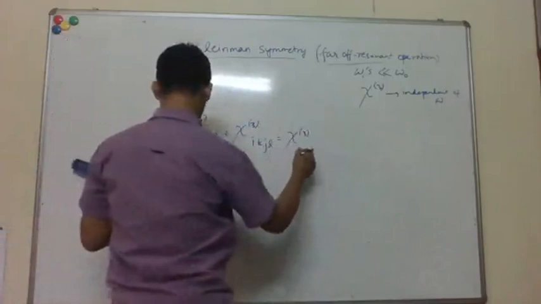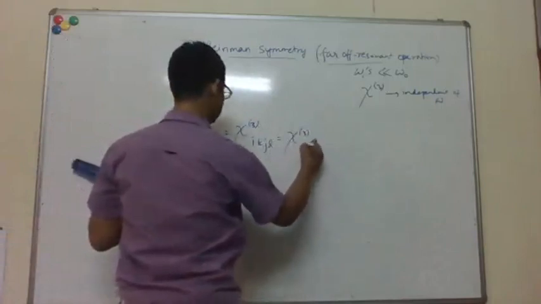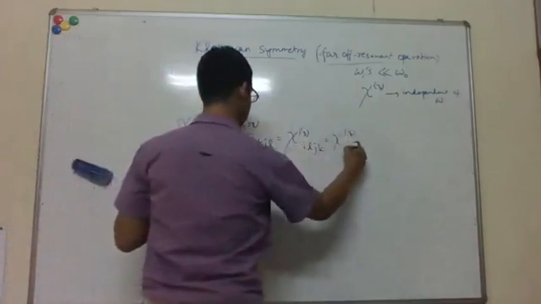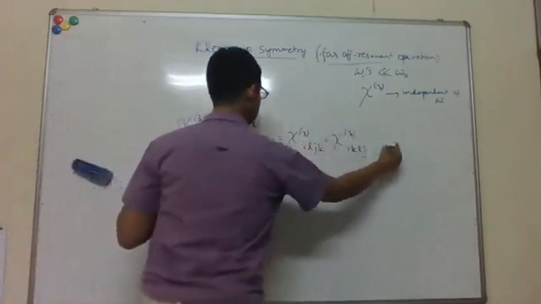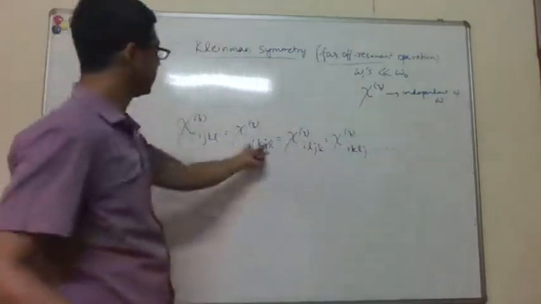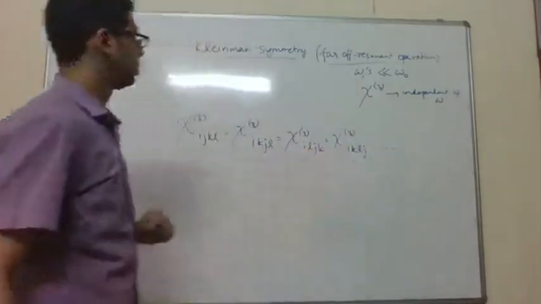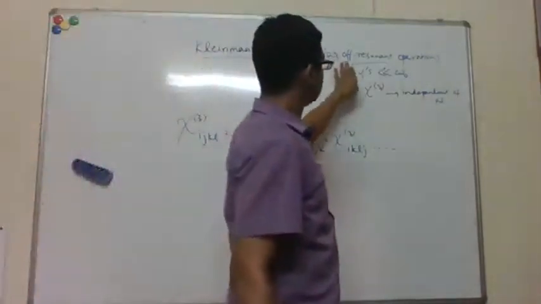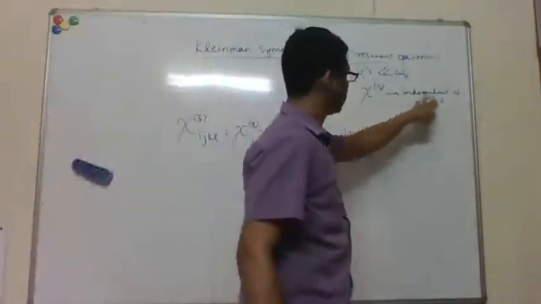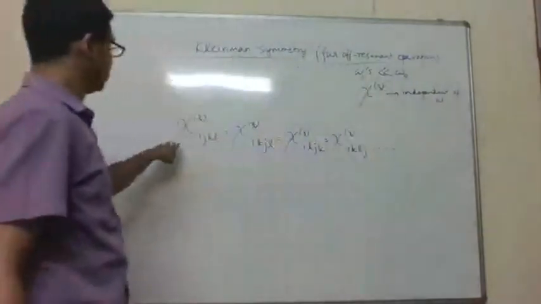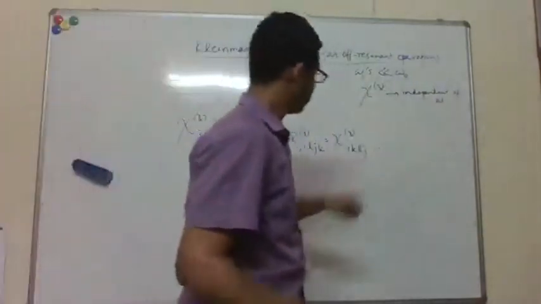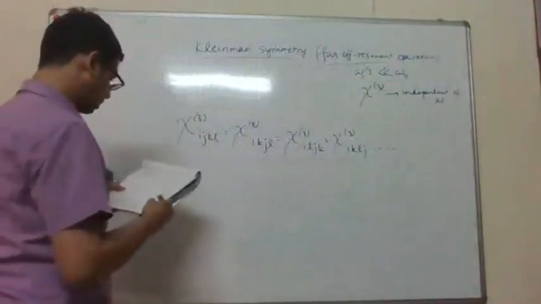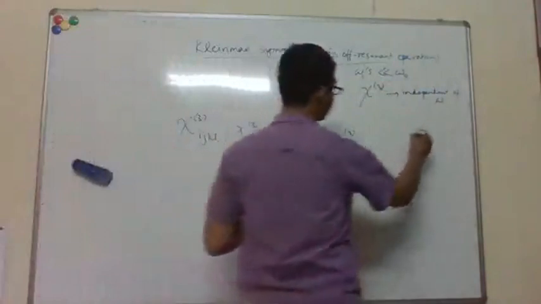They all are equal. Okay, I can permute these indices in whatever fashion under this approximation of far resonant operation where chi3 becomes independent of frequency. This permutation also holds. So this is also sometimes called full permutation symmetry.